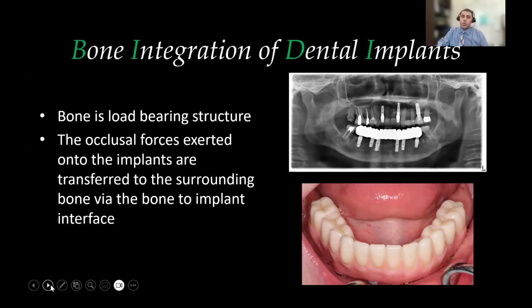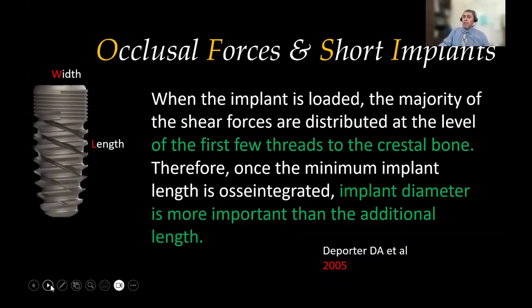That's a very, very crucial element that we have to think about while we're planning dental implants. Where's the interface of the implant with the abutment? How wide that interface is, where it should be located, and how does that relate to the number of teeth that we are replacing. But when the implant is loaded, the majority of the shear forces of the occlusion will be distributed on the first few threads of the implant towards the top of the implant.